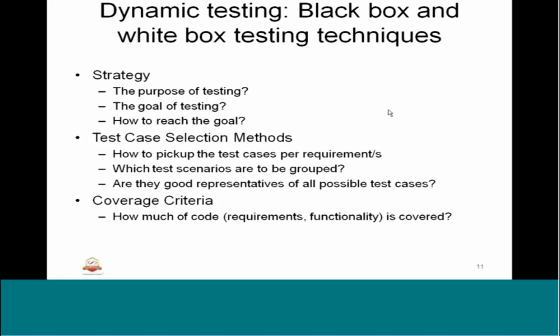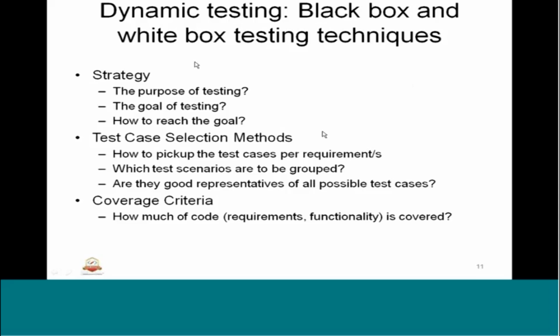Basically, for doing dynamic testing, black box or white box, whatever techniques we want to apply, we need to have these things minimally taken care of. First thing is the strategy that we need to have for doing the test. Next one is the test case selection.